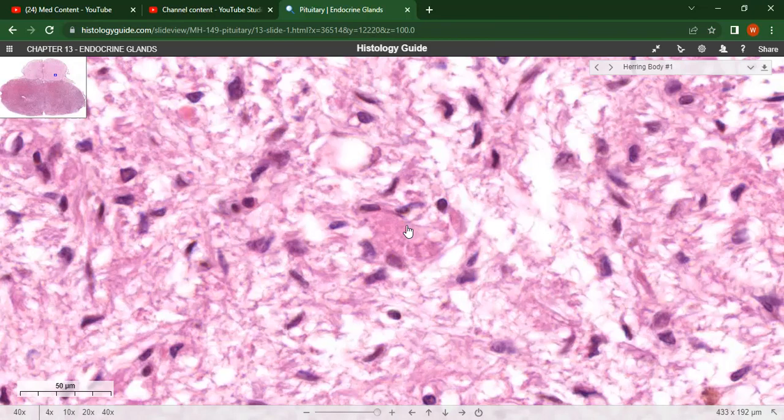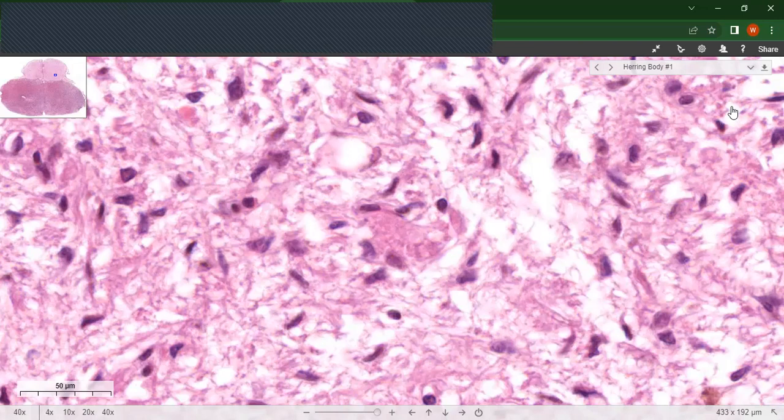So vasopressin is for renal water reabsorption control. That is all I can say of the neurohypophysis. Remember the parts: the median eminence, the pars nervosa, and the infundibular stalk. Those parts I cannot illustrate from this slide, but you can use your atlases to see them.